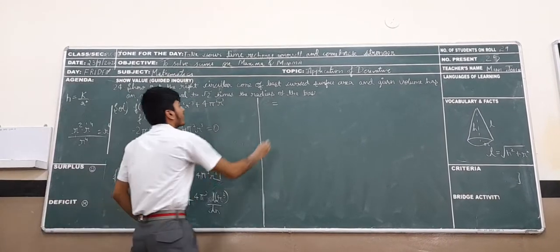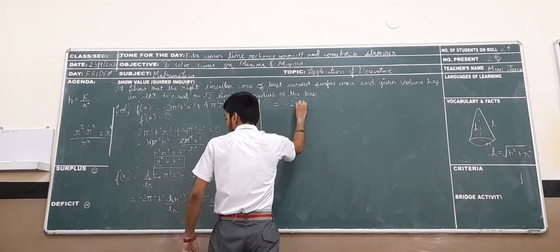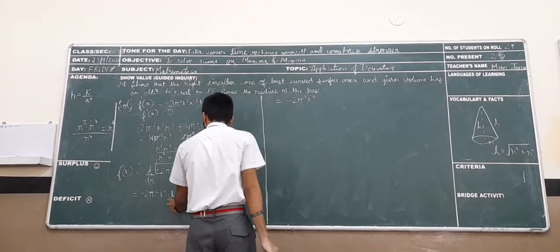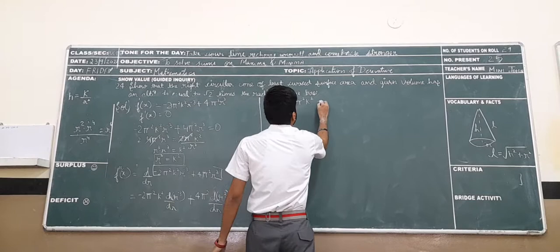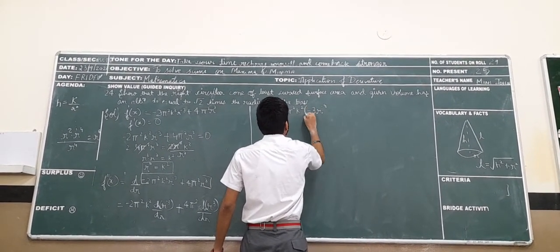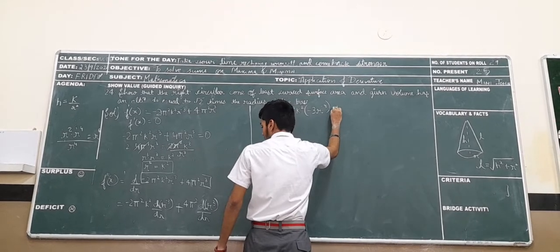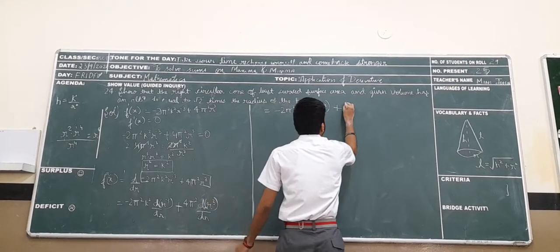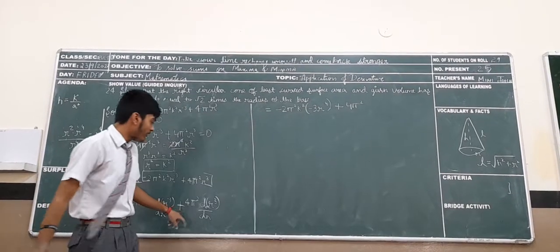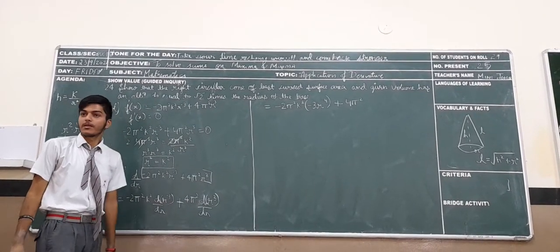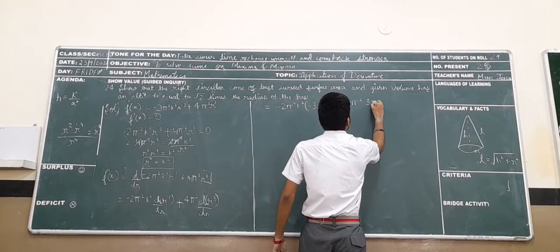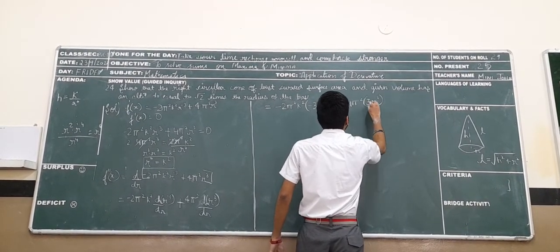So we'll write it minus 2π²k². Differentiation of this is minus 3 r to the power of minus 4, plus constant as it is. Now differentiation of r cube, what is it? 3r square.